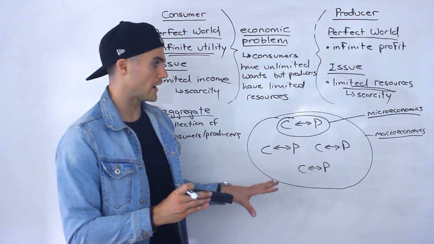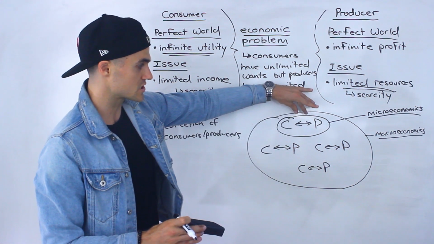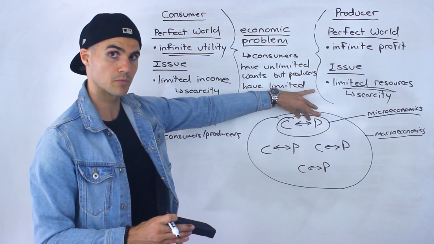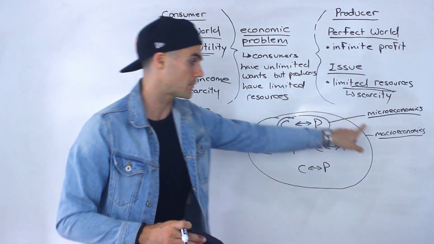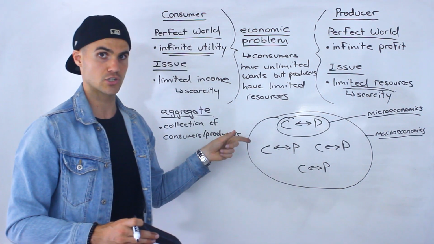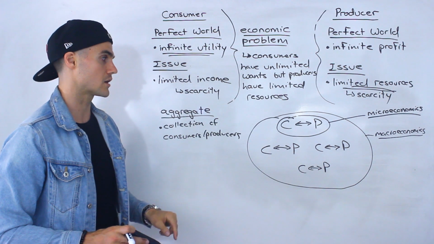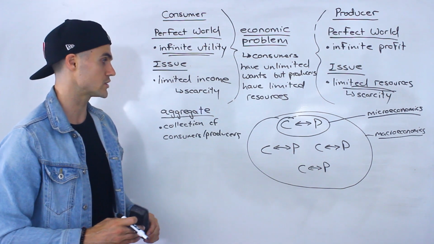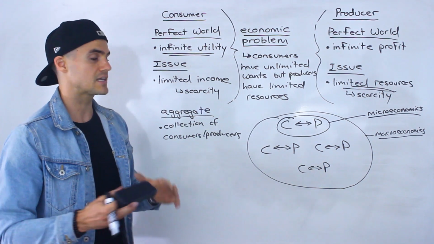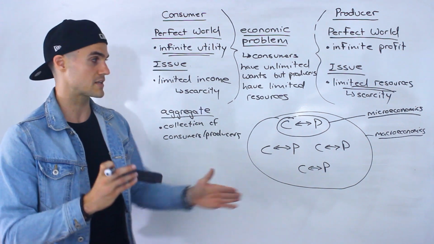But just in general, microeconomics studies individual consumer and producer relationships, while macroeconomics studies a collection of the consumer and producer relationships. And sometimes you'll see carryovers of concepts that are studied in both.